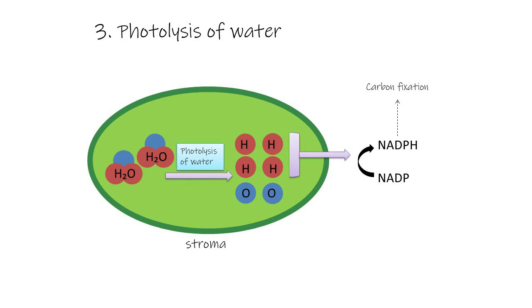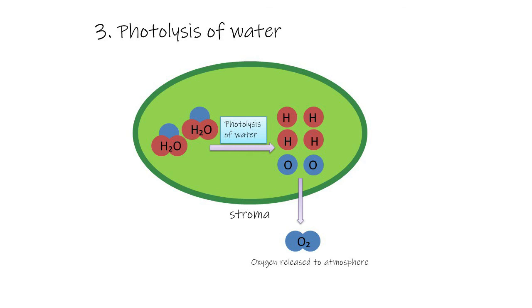NADPH is the reduced form of NADP. It will act as a reducing agent by donating hydrogen in carbon fixation. Therefore, oxygen is a byproduct in the reaction. It is released as a gas into the atmosphere.